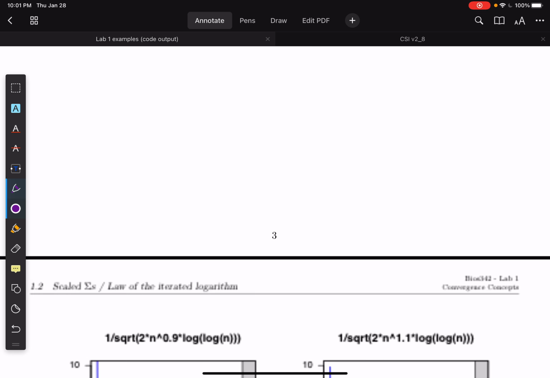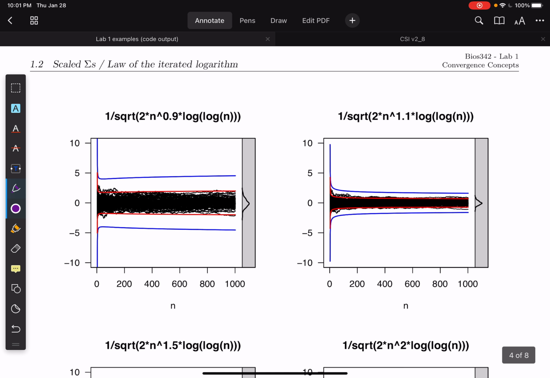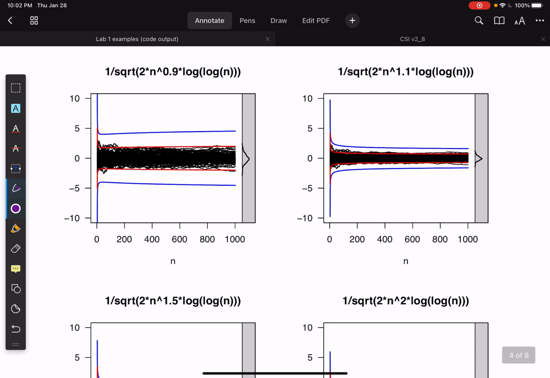Let's take a look at what we've got going on here. We've got some interesting things here. Now, if I reduce that rate, that's this first thing, right? Because I made it smaller, because the law of the iterated logarithm has n to the 1. Notice what you're seeing. This is just slightly getting bigger. And in fact, that's what happens. You're just going to slightly get bigger.